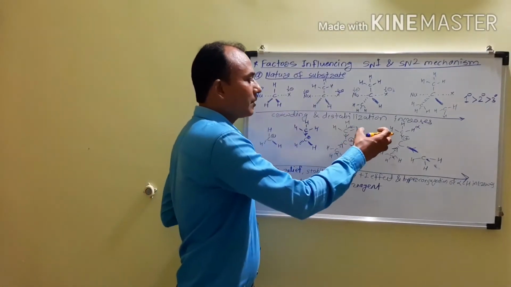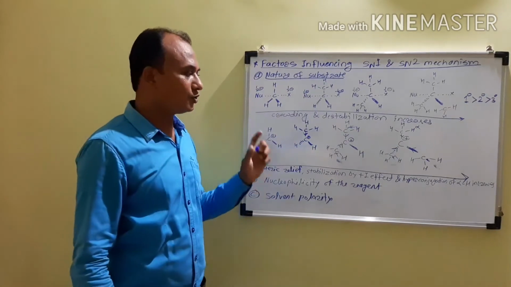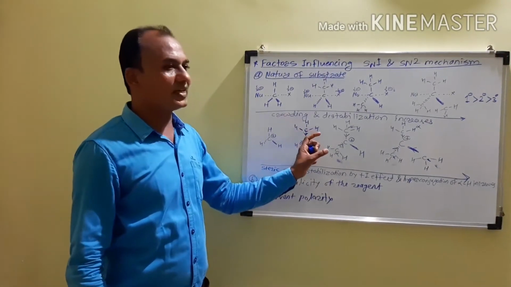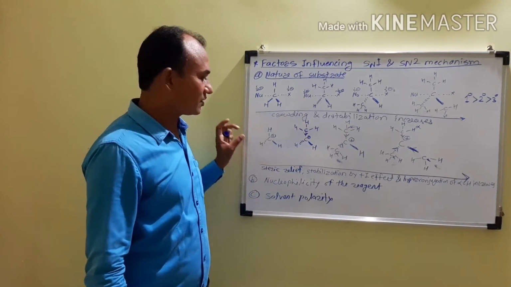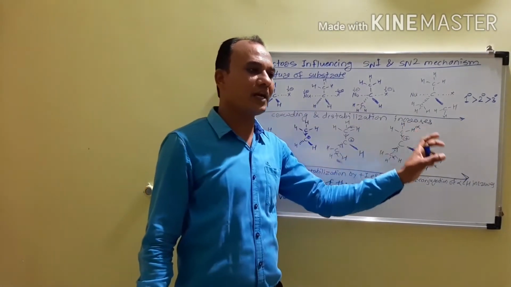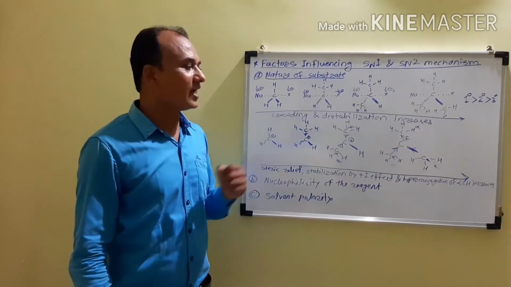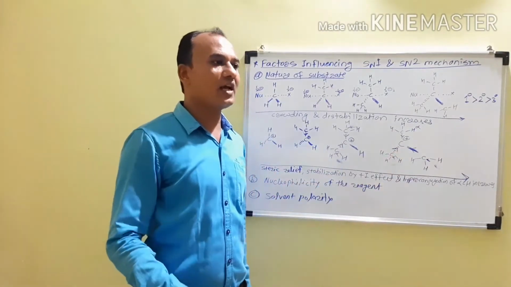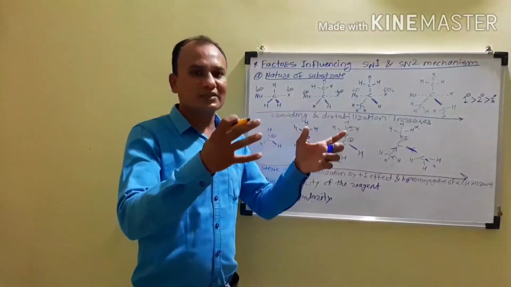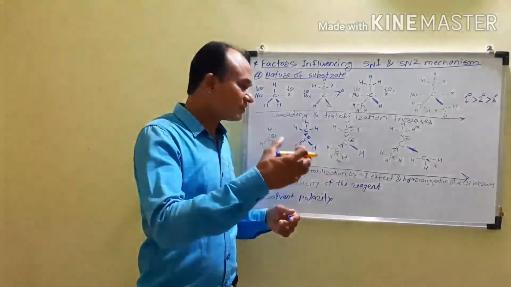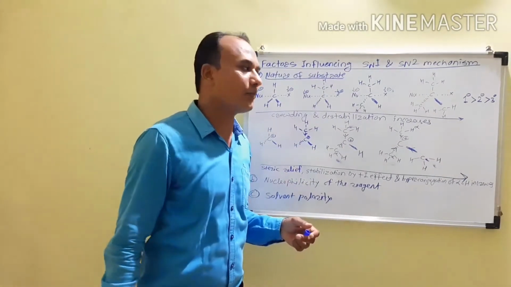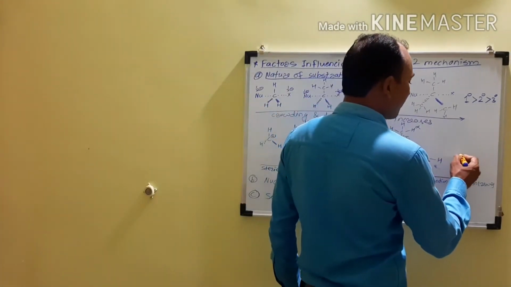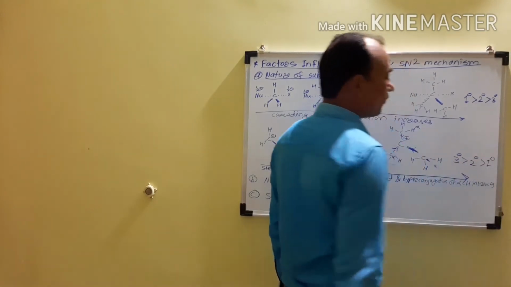These are also stabilized by the positive inductive effect and the hyperconjugation, which increase as the alkyl groups increase. So when the substrate has such steric relief and stabilization by the positive inductive effect and hyperconjugation, it is more favored for the SN1 mechanism. Such substrates are the tertiary alkyl halides. Tertiary alkyl halides contain more alkyl groups, so there is steric relief and stabilization by the positive inductive effect and hyperconjugation, and therefore the tertiary alkyl halides are more favored by the SN1 mechanism.